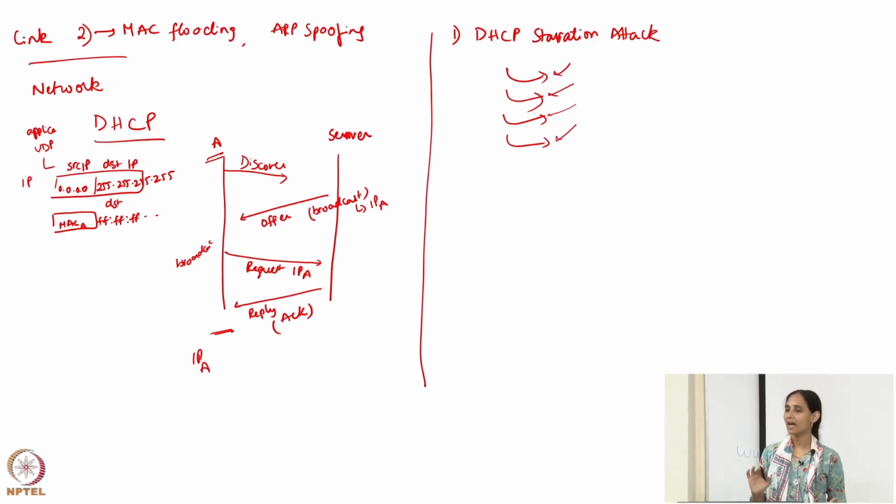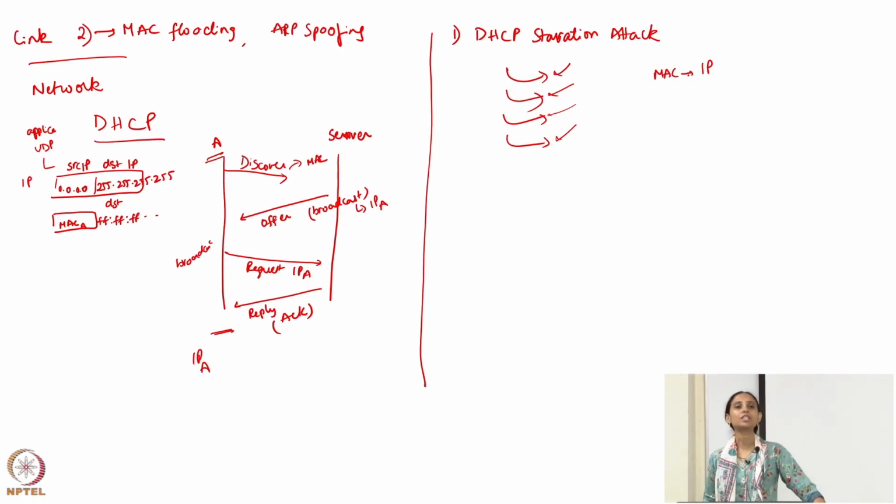Okay, but this attack is not as easy to launch. One of the reasons is that whenever the DHCP server receives this discover, inside it you also specify what your MAC address is, and it will maintain a mapping: for this MAC address, I have assigned this particular IP. So for the starvation attack to succeed, what does Mallory need to do? It has to use many MAC addresses.